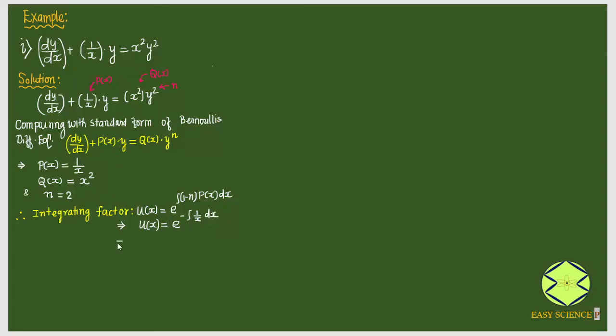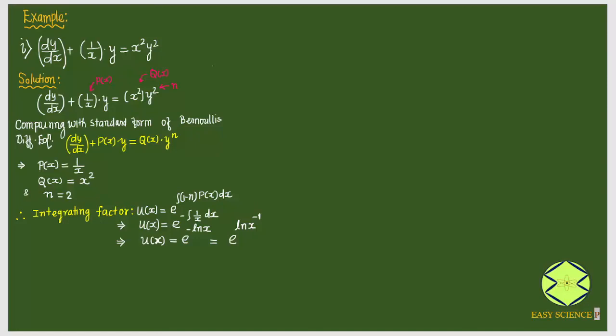That would be further simplified as u of x equals e raised to minus, now integration of 1 over x is natural log of x. So this can be further written as e raised to natural log of x, and this minus outside would go as an index, raised to minus 1, x raised to minus 1.